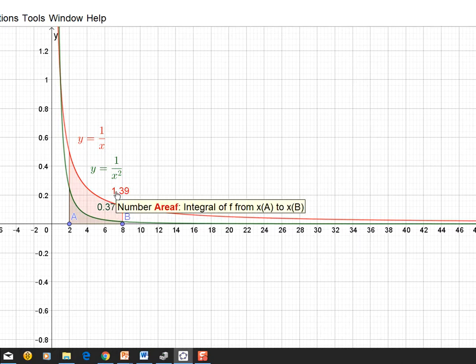But what's interesting is that although these graphs look very similar to each other in that they're both approaching the asymptote of the x-axis, so that y approaches 0 as x increases, the area under the red one, under 1 over x, keeps increasing.